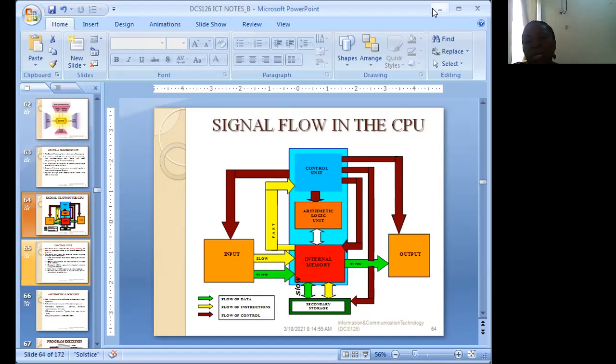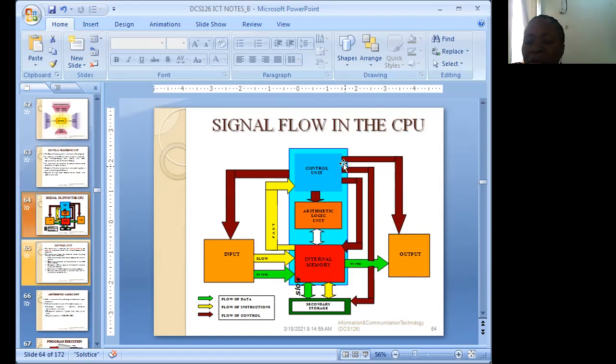Now, looking at this, you can see this is the control unit. This is the arithmetic logic unit. This is internal memory. This box here represents the input units. And this box on the other hand here represents the output unit.